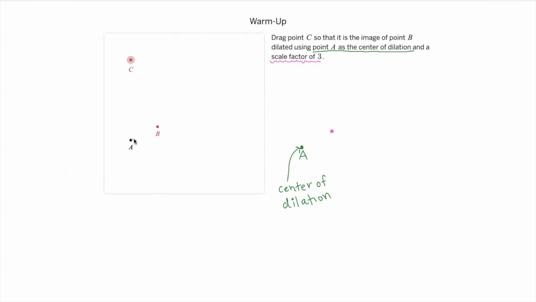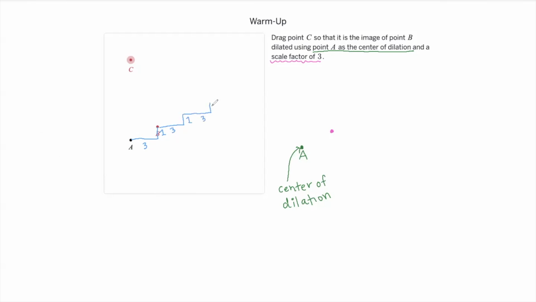So here, let's just say this is 3 and this is 1. If that were the case, you would want C to be 3 times as far away from A as B. So you would do another 3 and 1, and then another 3 and 1.